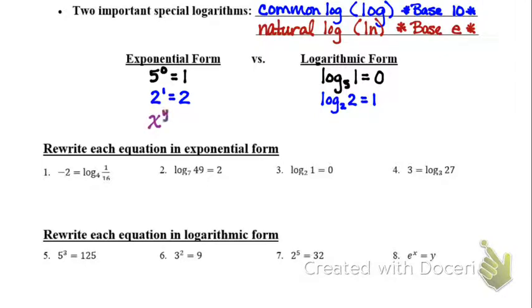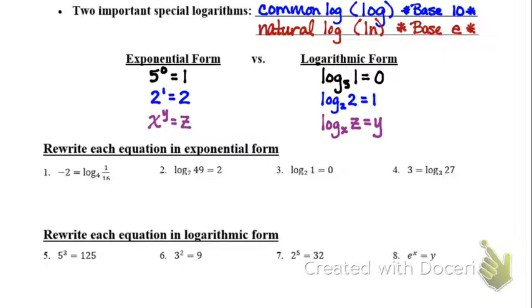If I have x to the power of y equals z, what would that look like written in logarithmic form? Log base x of z equals y. Remember, in logarithmic form, the part that comes after the equal sign is your exponent.